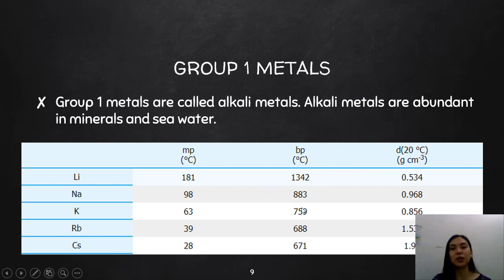Same with the second column. As you go down, from lithium having the highest boiling point among the group 1 metals, it goes lower and lower. And in terms of density, lithium is the least dense. And then, as you go down, it gets heavier and heavier.